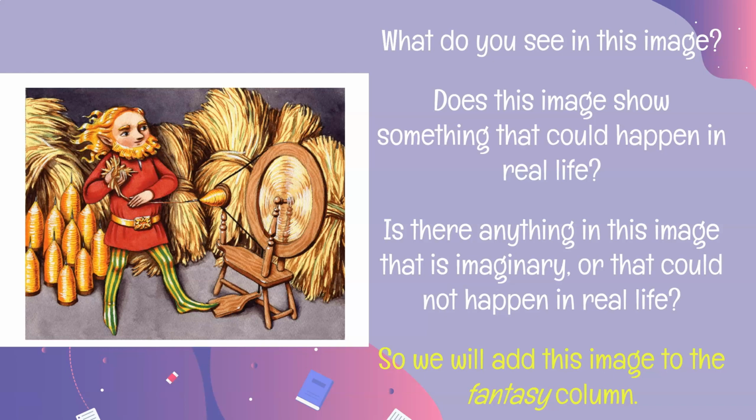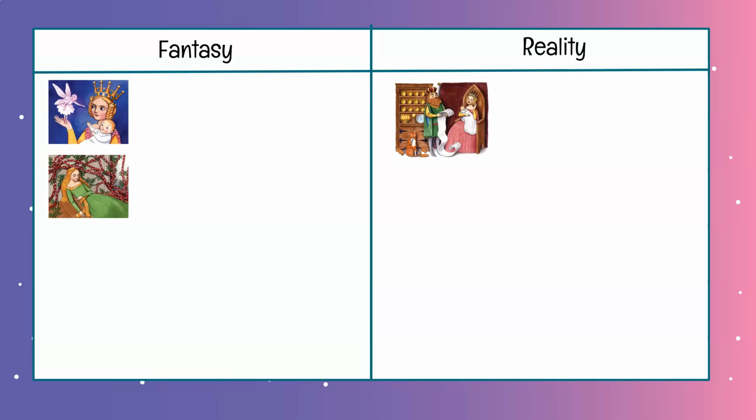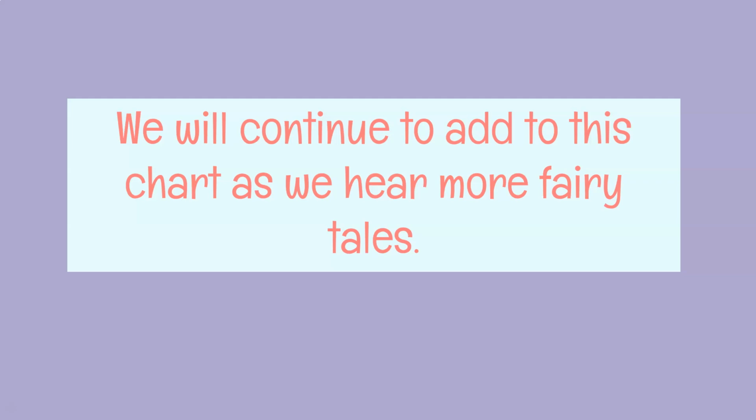Is there anything in this image that is imaginary or that could not happen in real life? That's right. Rumpelstiltskin could not really turn straw into gold. So we're going to add this image to the fantasy column. As we hear more fairy tales, we're going to continue to add to this chart.